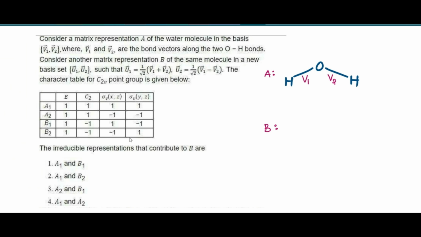That's all. Okay, now they say take another matrix representation U1 and U2 such that U1 is this, U2 is this.